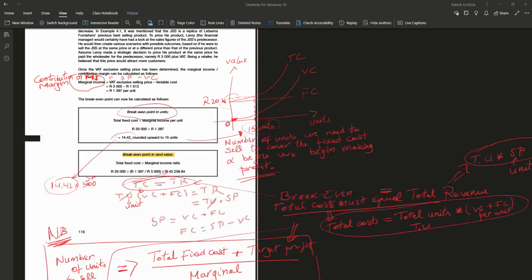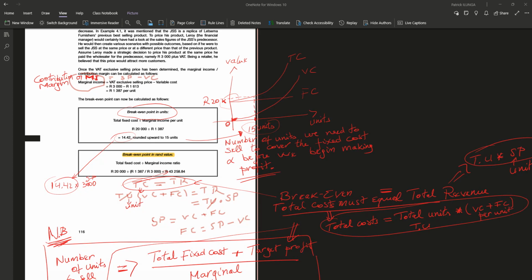So the break-even point in units: we would take the total fixed cost divided by the marginal income per unit. That will provide us exactly the number of units that need to be sold for the company to break even. And for the break-even point in rand value, we will take the total fixed cost of 20,000 divided by the marginal income ratio. And how do we get the marginal income ratio?